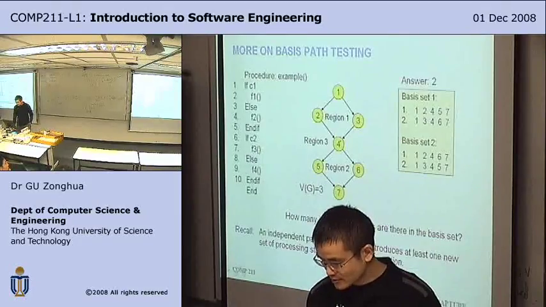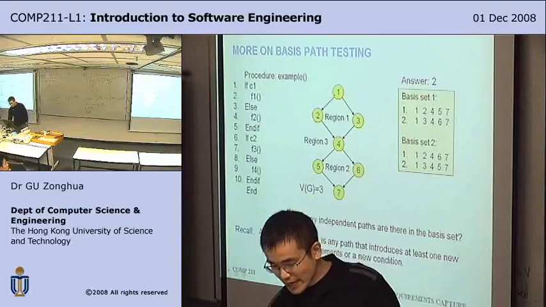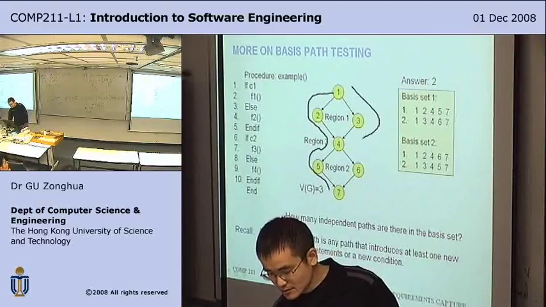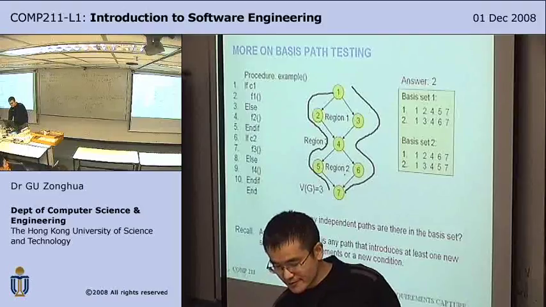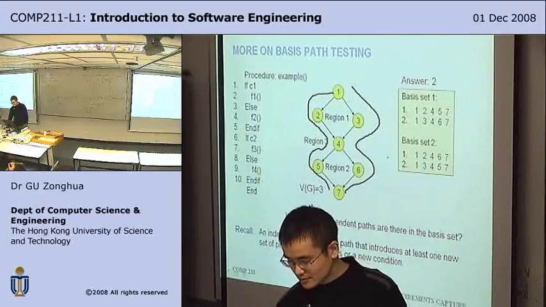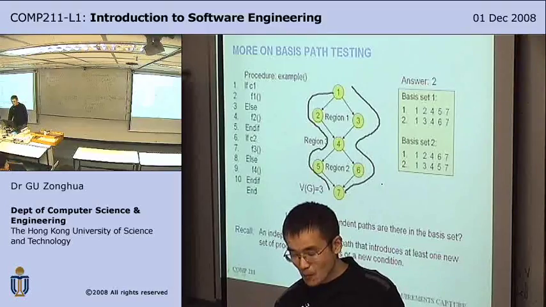In this example, you have 2 independent paths, 1 and 2, but the cyclomatic complexity is 3. So just traverse all the edges.